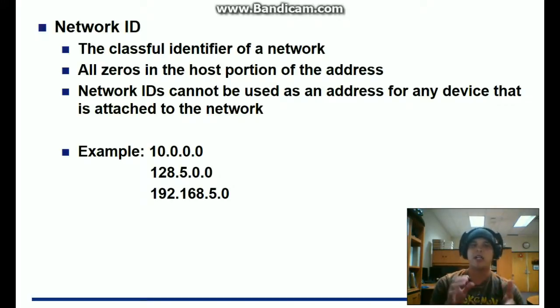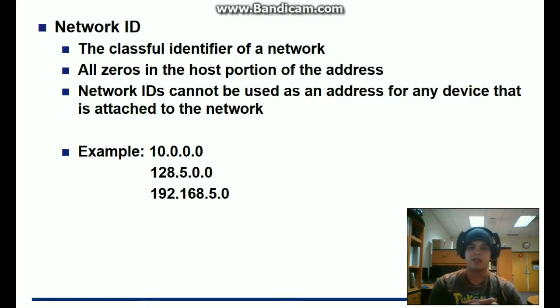I like to say subnet ID, so I know that what I'm talking about is a subnetted network. So when I say network ID, I'm talking about the classful network. If I say subnet ID, then I'm talking about an actual subnet ID. But depending on who you're talking to, that could mean the same thing though.